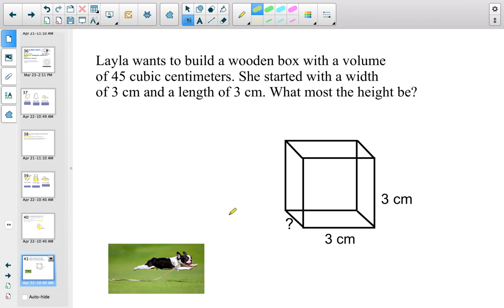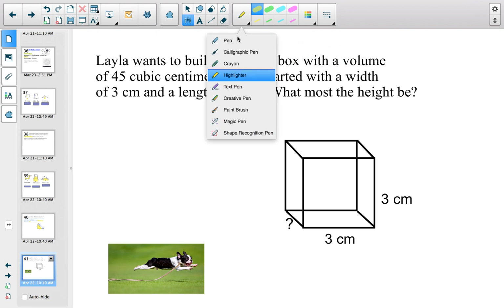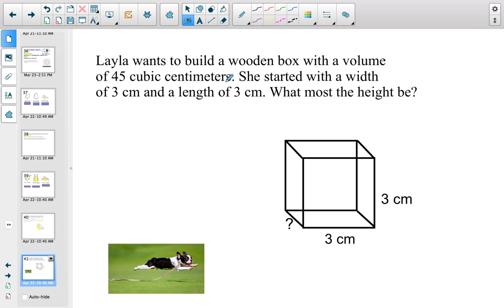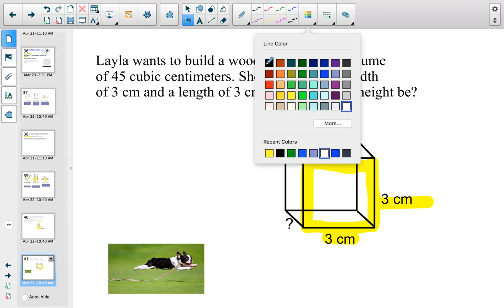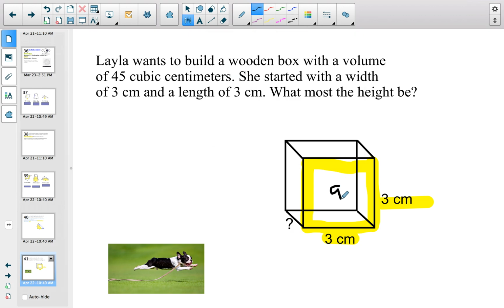Last example here, and then I'll give you your quizzes. So, Layla wants to build a wooden box with a volume of 45 cubic centimeters. She starts with a width of 3, so here is your width of 3, your length of 3. So now what we can tell is the area of the base is going to be 9. So let's write that down. Nine.